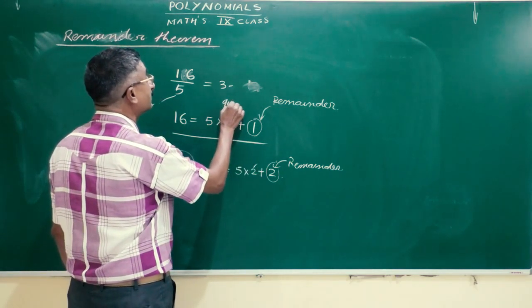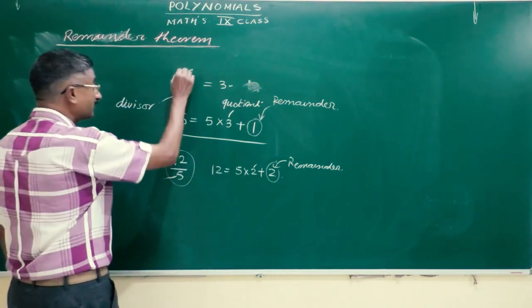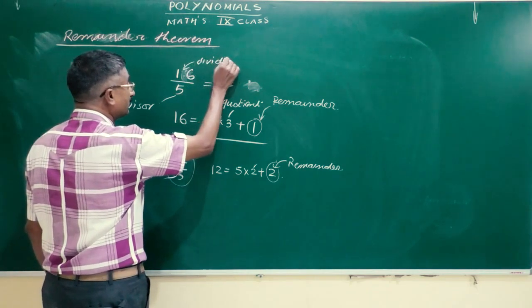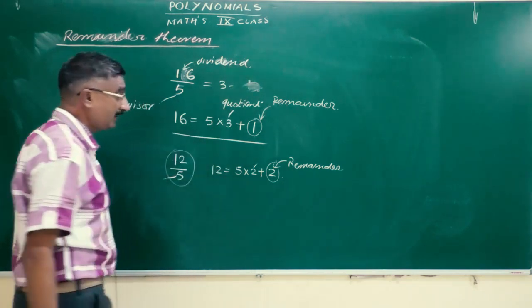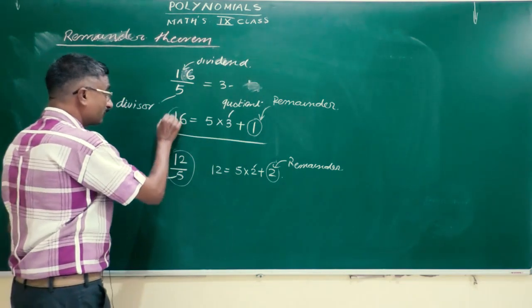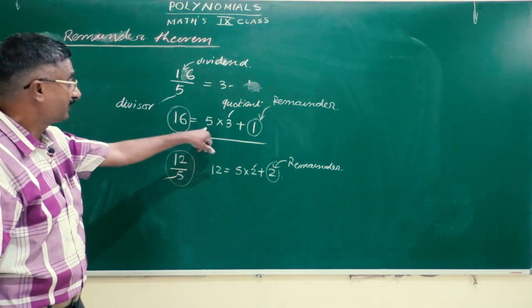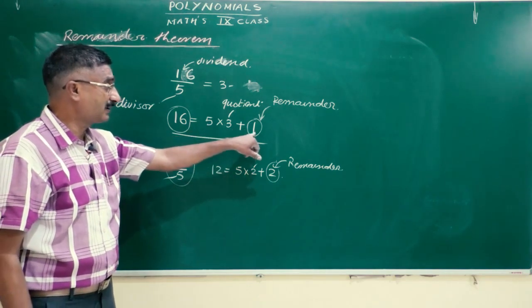Quotient. And what is 16? Dividend. Clear? So now the concept is very clear. Dividend is written here, divisor is written here, quotient is written here, and the remainder is here.